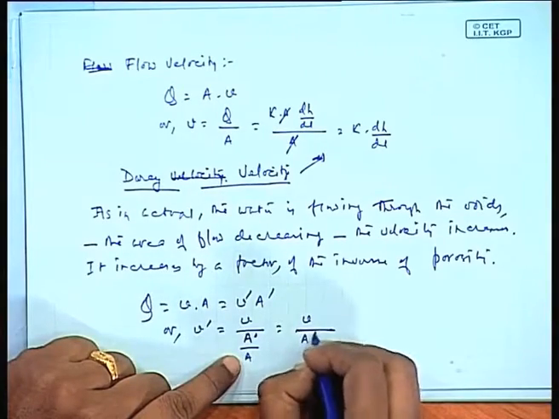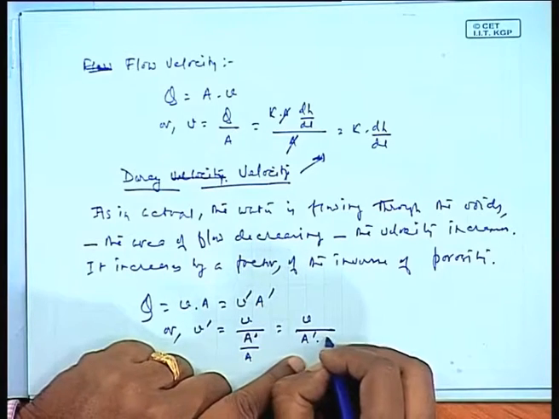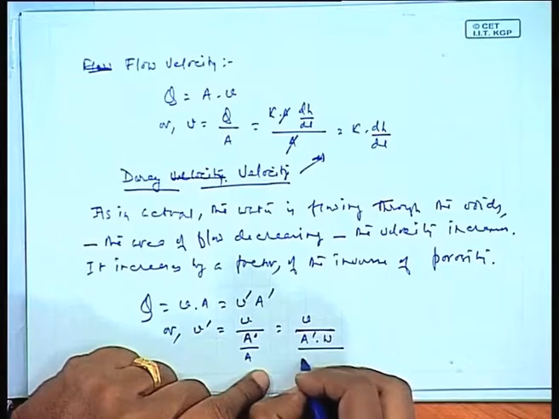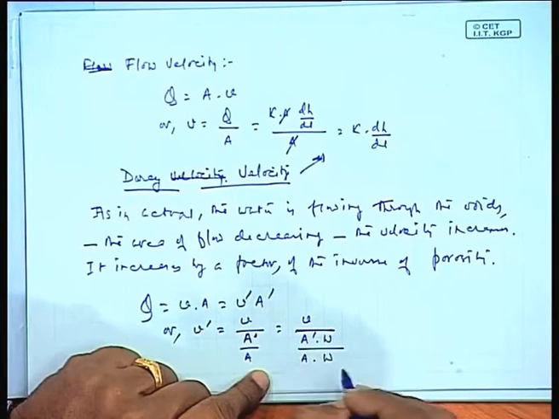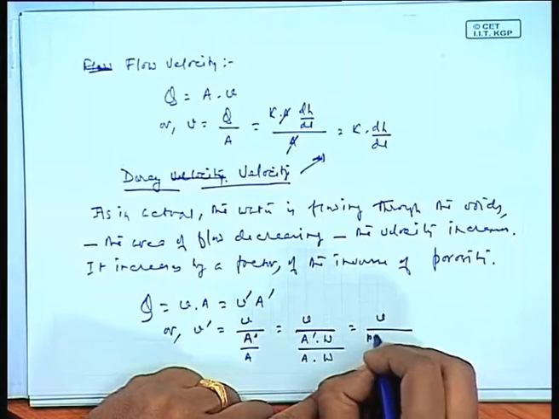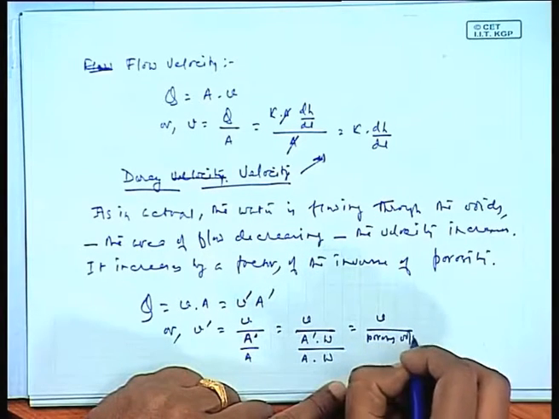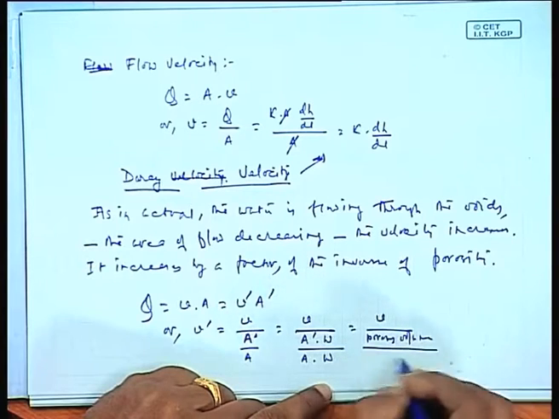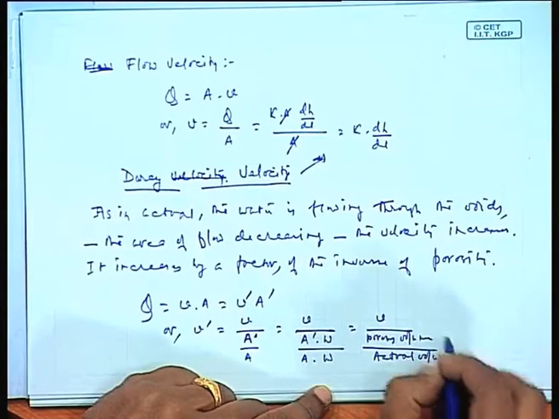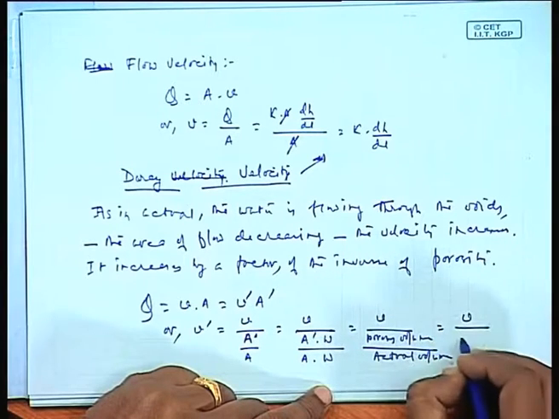So here we can write it like this: the ratio is nothing but the porous volume divided by the actual volume, and this is known as porosity.